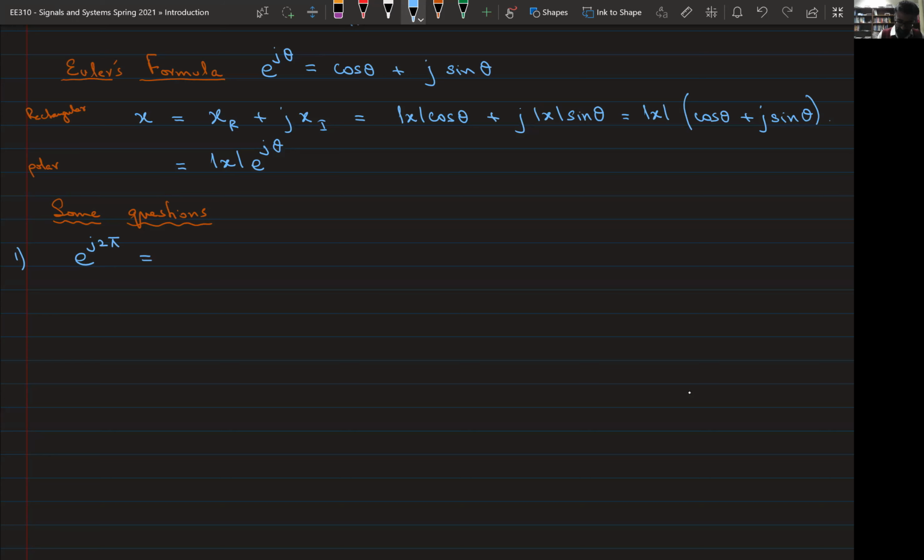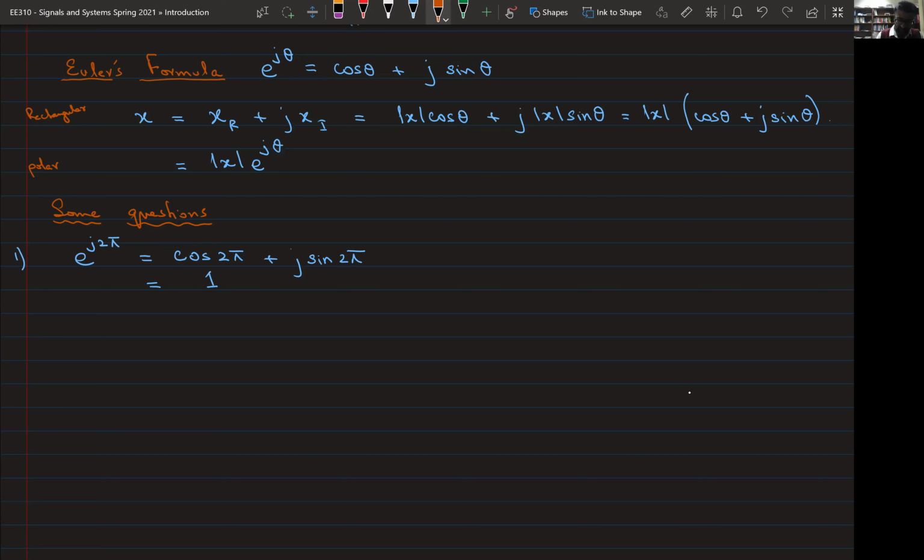Excellent, right? So that's how you would say this is cosine 2 pi plus j sine 2 pi. All right. What is cosine 2 pi? Sir, it's 1. And what's sine 2 pi? 0. Right? So therefore, this is equal to 1.